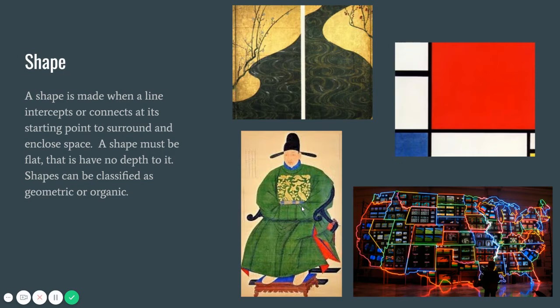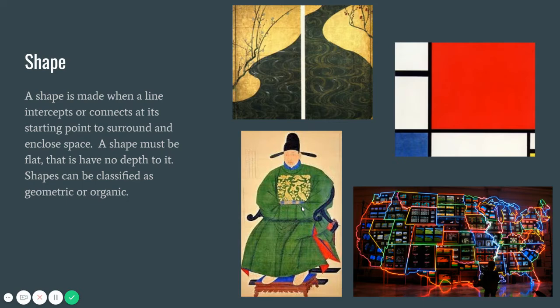Usually, when we talk about shapes, we classify them as either being more geometric in nature or more organic in nature. And simply that means geometric are shapes that have names. Triangle, circle, oval, square. They're man-made shapes that have a certain set of rules and can be repeated over and over again, okay? They have names.